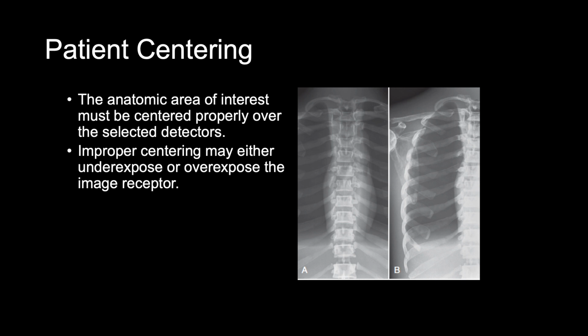In figure A, the center detector was selected for this T-spine and the central ray midpoint to the T-spine. In figure B, the central ray was centered over the right lung field. The resulting radiograph demonstrates appropriate brightness levels in the right lung and ribs, but the thoracic vertebral bodies are underexposed. So we have to make sure that we are using proper centering.